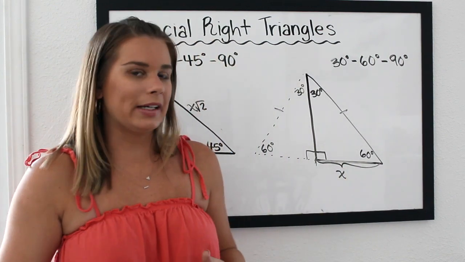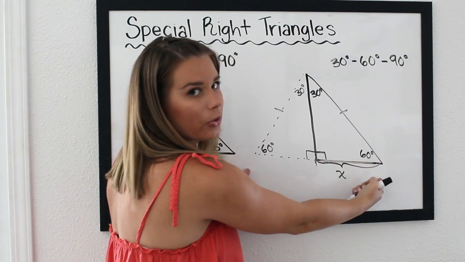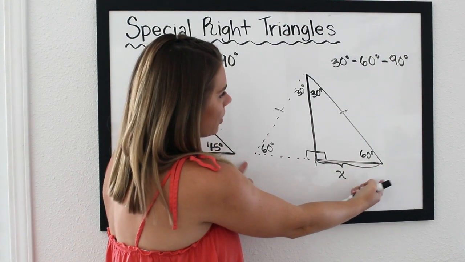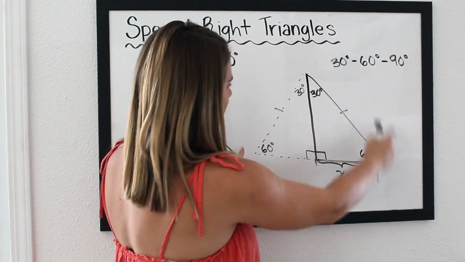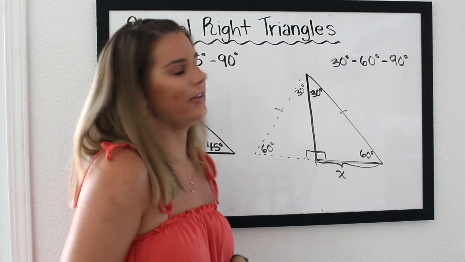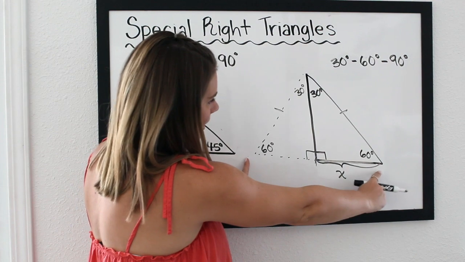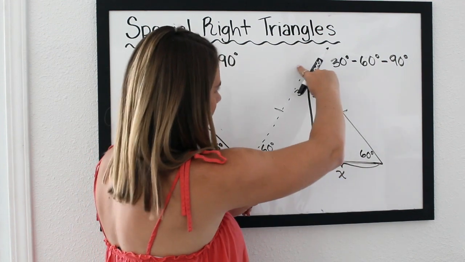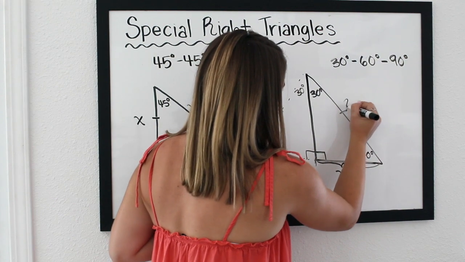Now, if we notice, this length right here is half of our total length. We also know that all of these sides are equal because it's an equilateral triangle. This chunk is half of an equilateral triangle. So if this is x, this would be double that, 2x, this would be 2x, and that would be 2x.